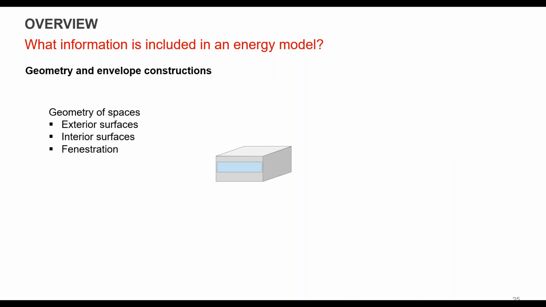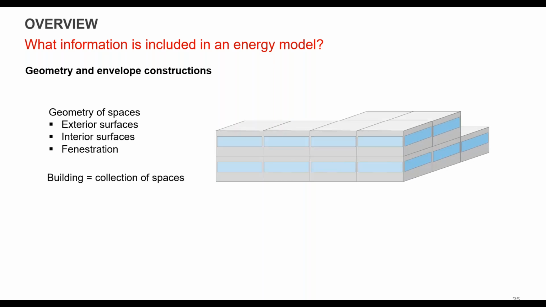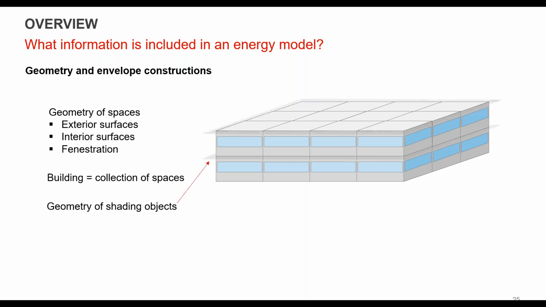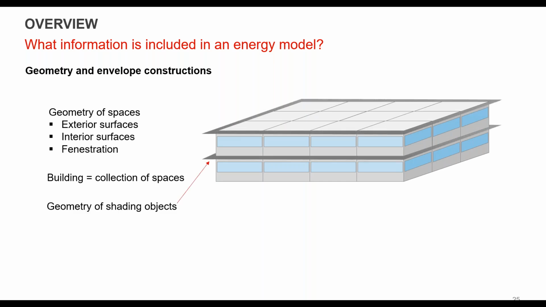So what's included in the geometry? You're looking at surfaces. What kind of exterior surface do you have? This will obviously impact solar gains and mass essentially of your geometries, interior surfaces, and then fenestration details. So you could be looking at a building, which is just a collection of spaces, built up.